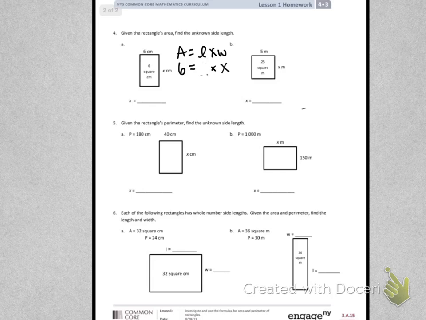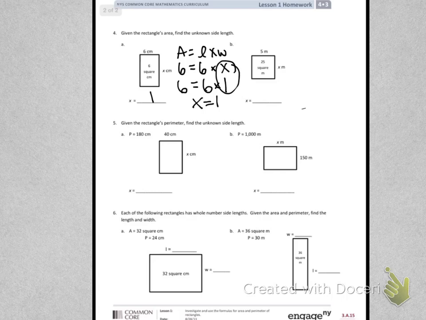They gave us the length, so let's go ahead and plug that in. The length is 6. So we know 6 equals 6 times what value? Times 1. 6 equals 6 times 1, so X must equal 1. X equals 1.